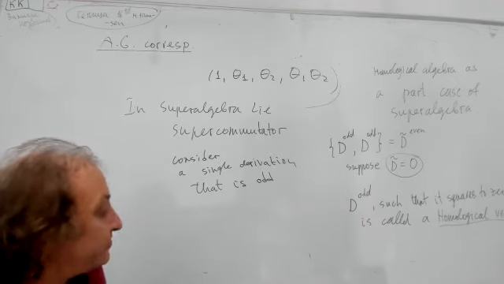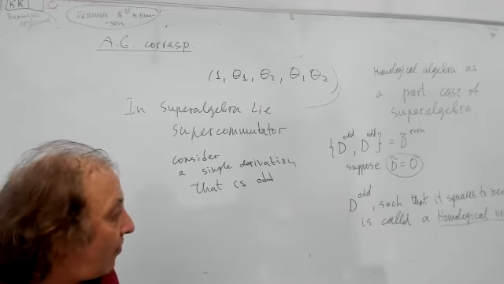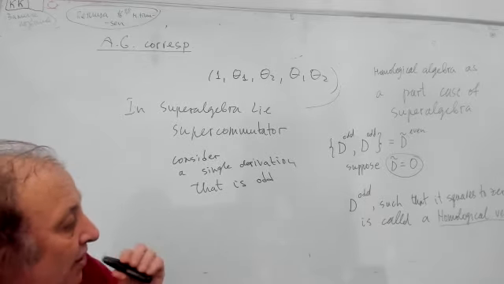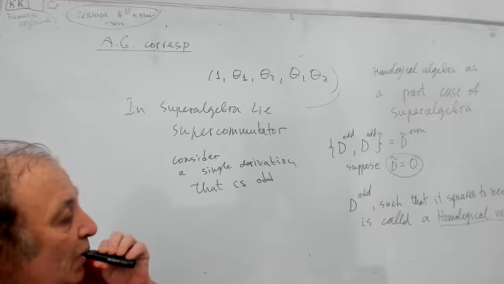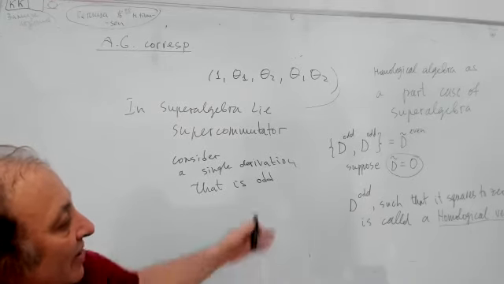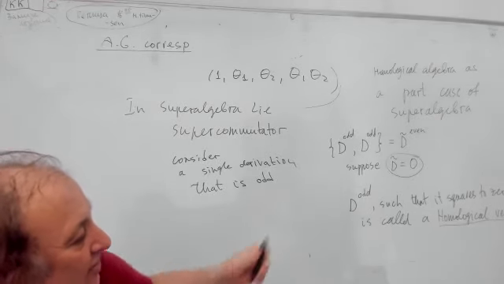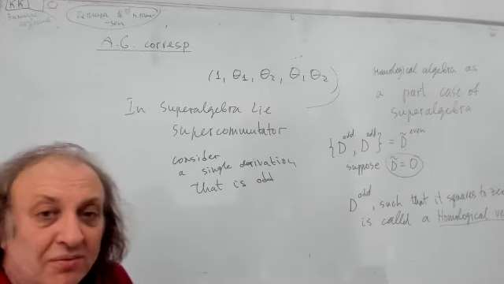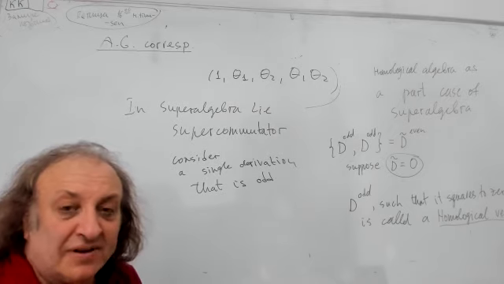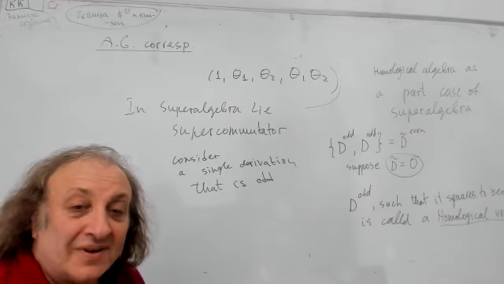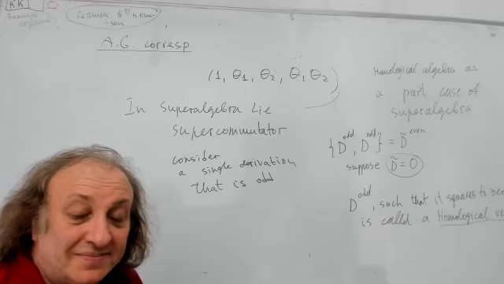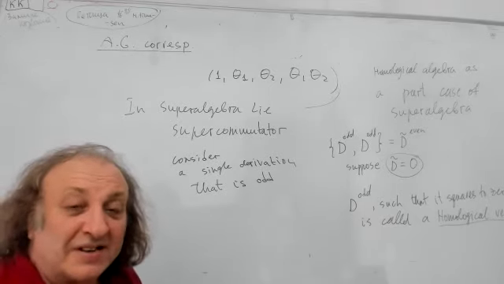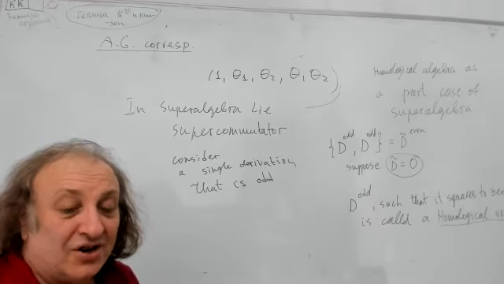And the answer is that people found interesting examples of this D odd that squares to 0 in different fields in mathematics. And they called not this, but particular cases homological algebra.